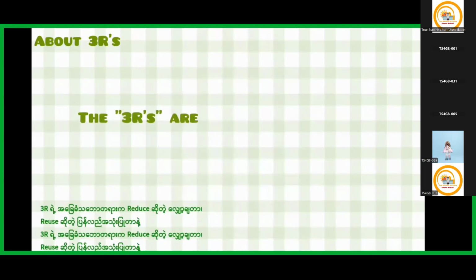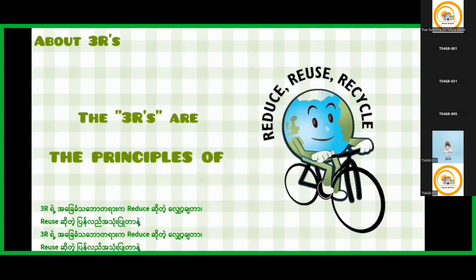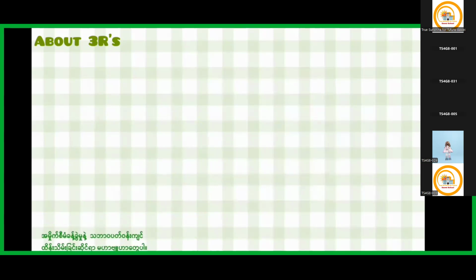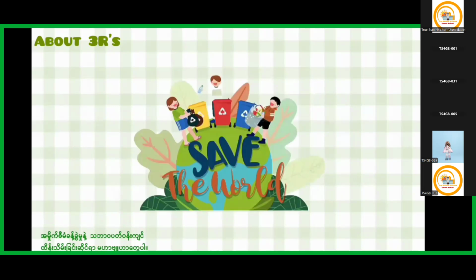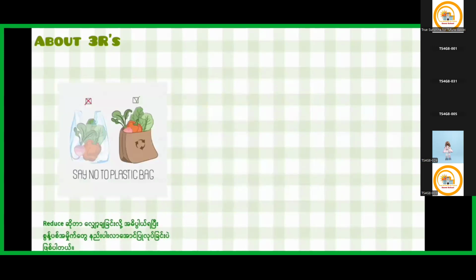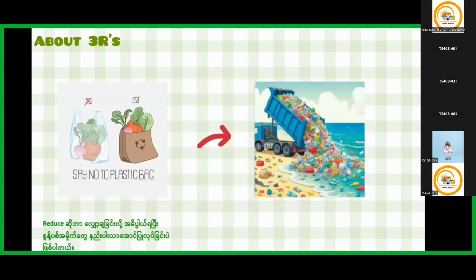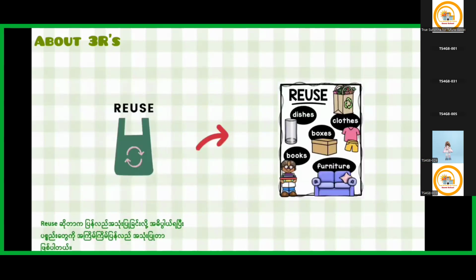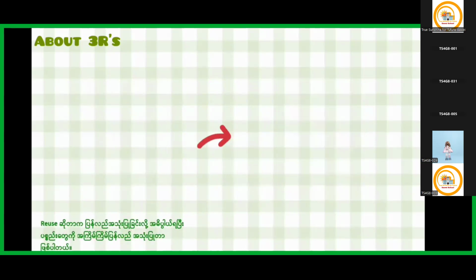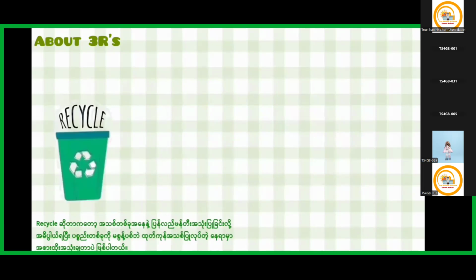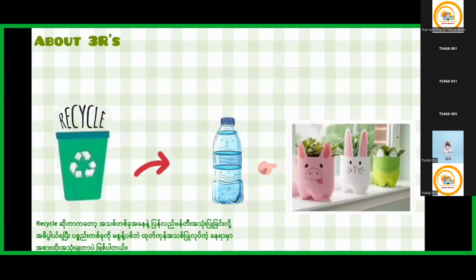The 3 R's are the principle of reduce, reuse, and recycle, which are key strategies for waste management and environmental stewardship. Reduce involves creating less waste in the first place. Reuse means using items multiple times. And recycle is processing waste material into new products.